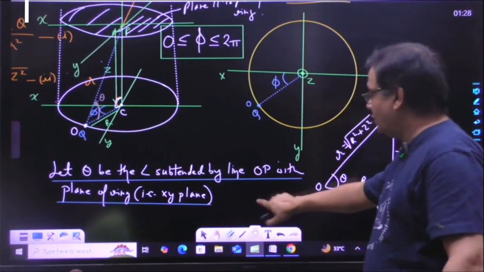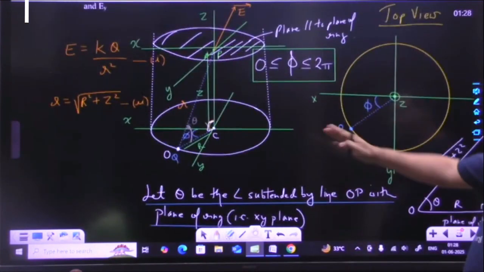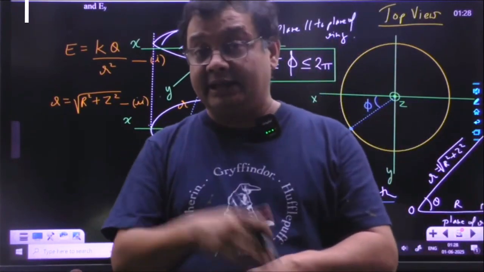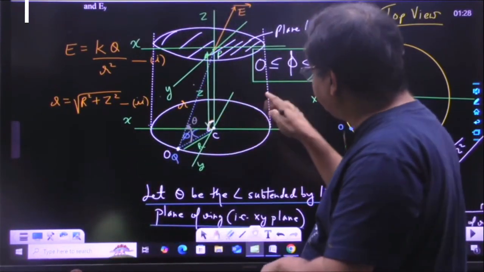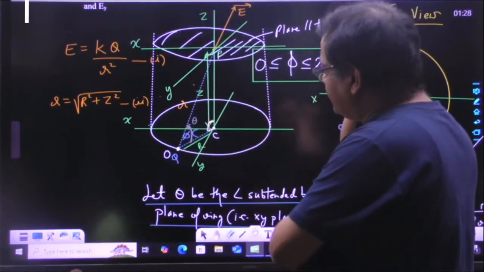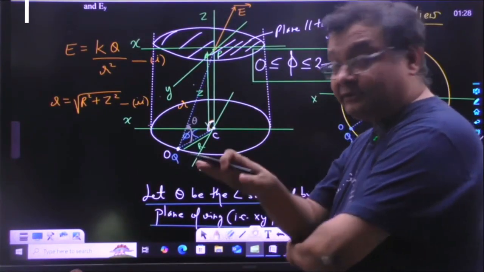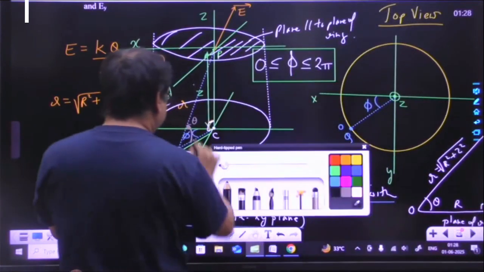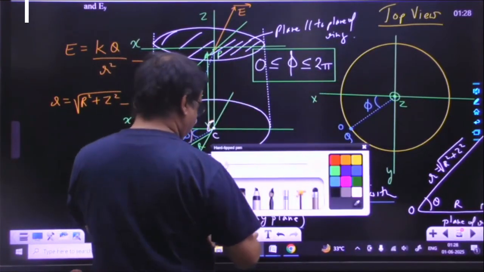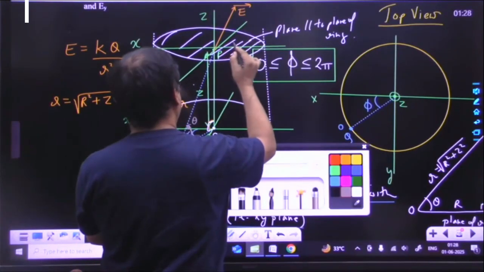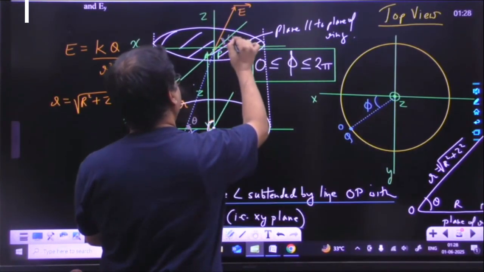Now, if theta is the angle made by the line OP with the plane of the ring, that is, with the XY plane, and the electric field because of the point charge Q is along the line OP, can you tell me what will be the angle subtended by the electric field with the XY plane? If this angle is theta, the electric field vector will also subtend an angle theta with the XY plane, correct?